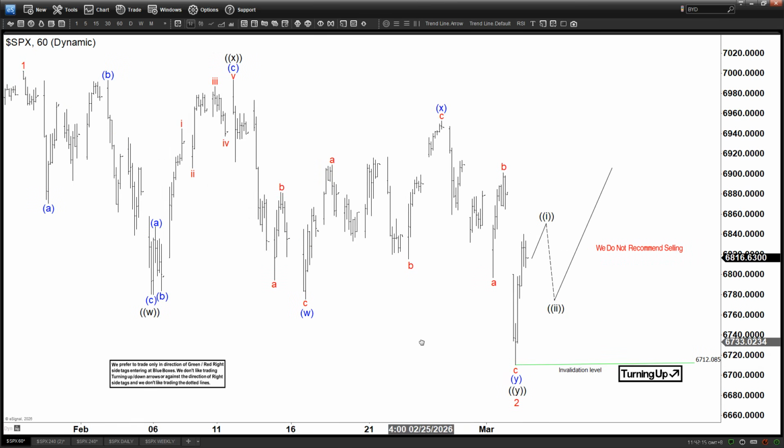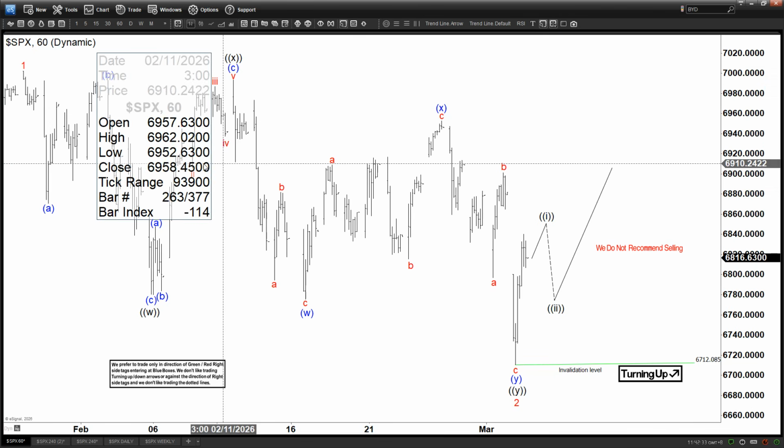Right? Does it look like a corrective structure, or does it look like an impulsive structure, right? I think that's the most important thing.